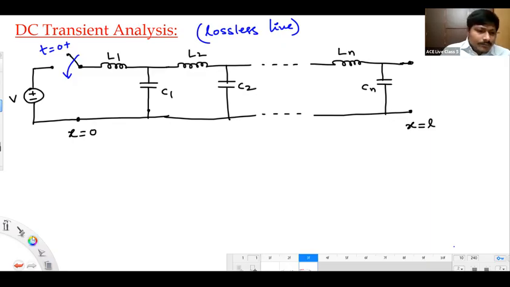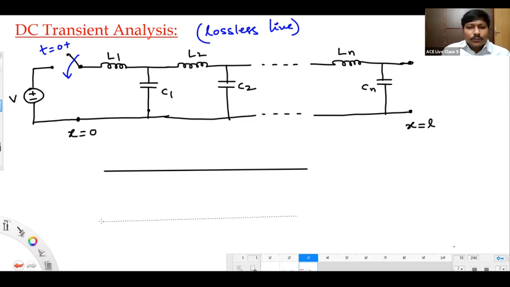So rather than going with this approximate model, if you want to draw the exact model, I will show that line simply in this manner. Simply like this, I am showing the model. Right? So like this we have the DC voltage source here.